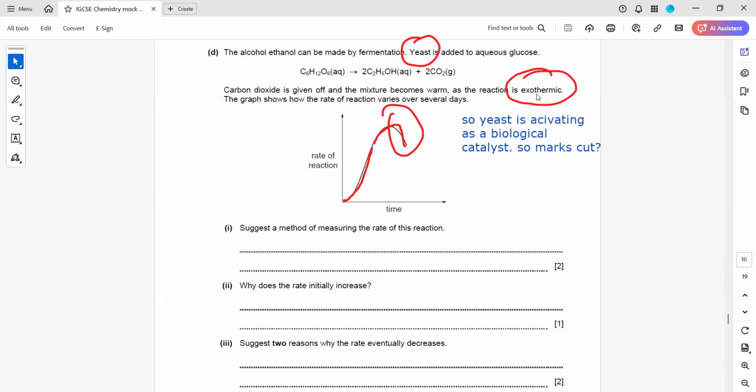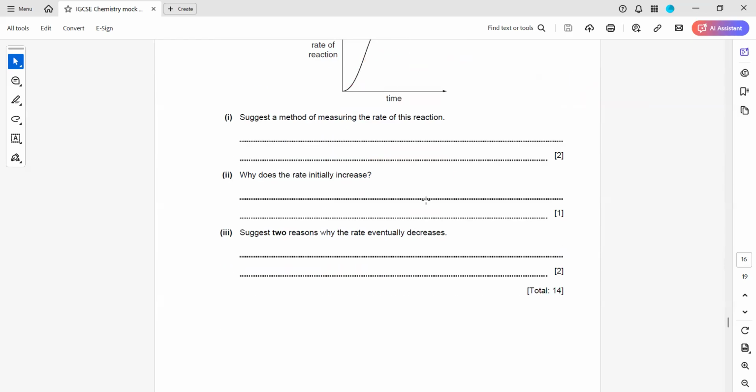Because the reaction is exothermic, so the temperature rises. We use a fixed amount of yeast, but the temperature increase causes the rate to increase. And then why does the rate decrease? Because a high temperature denatures the enzymes which are present in the yeast. That's why the rate of reaction will decrease.